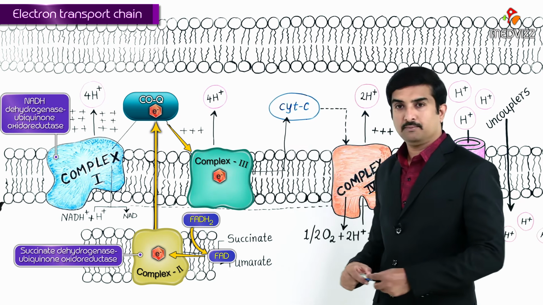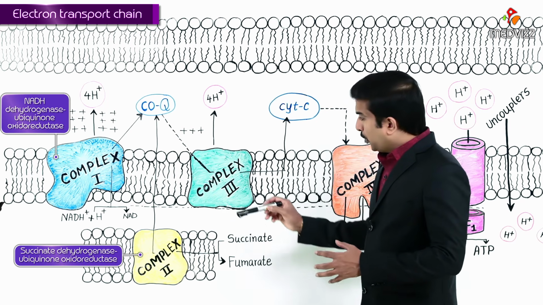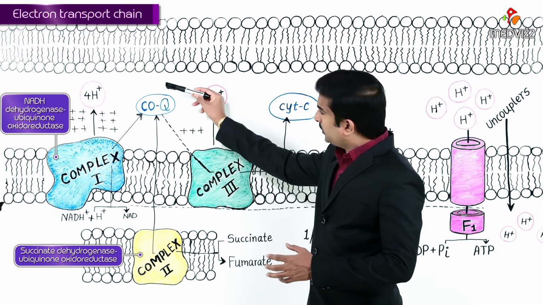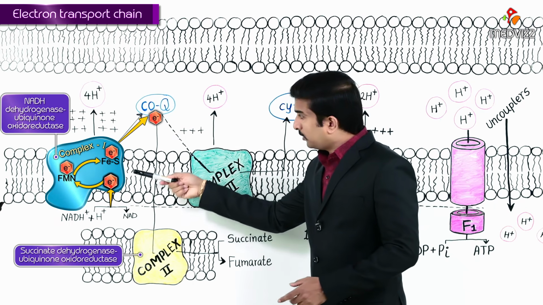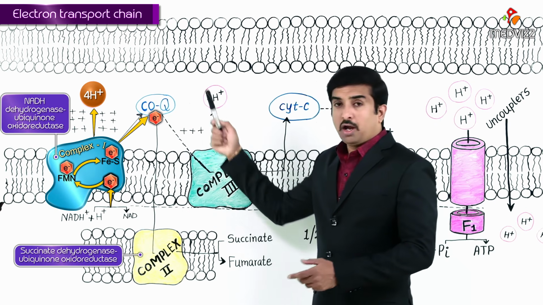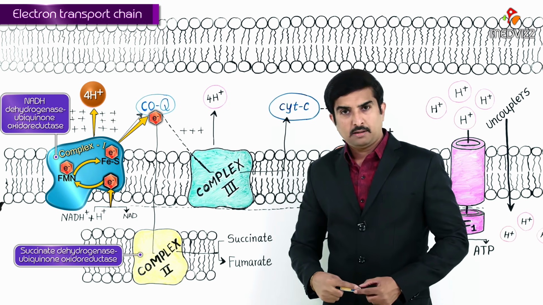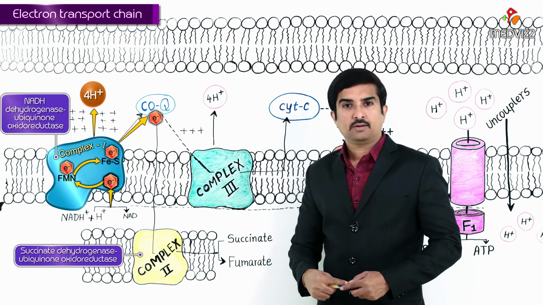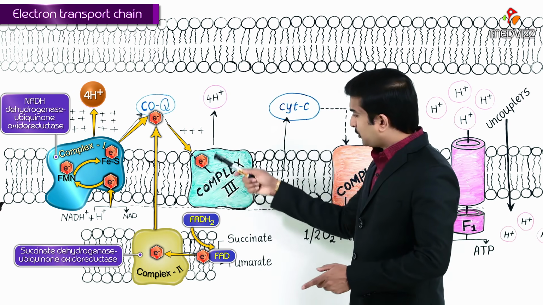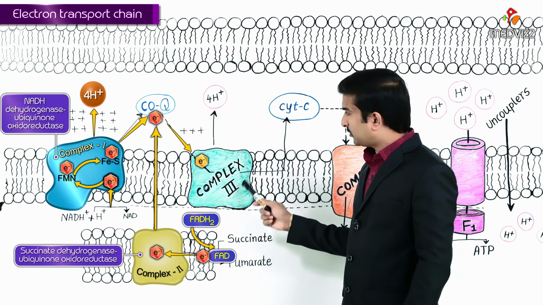from there the electrons are transferred to complex 3. But when this process is happening, no hydrogens are pumped into the intermembrane space, but in complex 1, 4 hydrogen ions are pumped, that is 4 protons are pumped into the intermembrane space, but this is not happening with complex 2. Right? Now electrons are transferred from complex 2 to coenzyme Q, from coenzyme Q to complex 3.